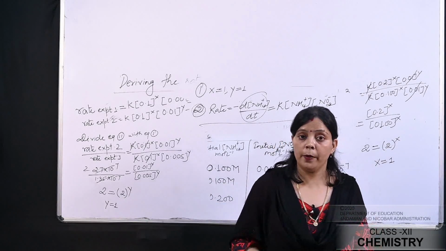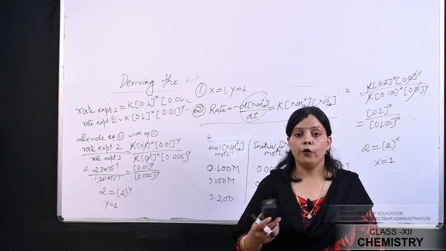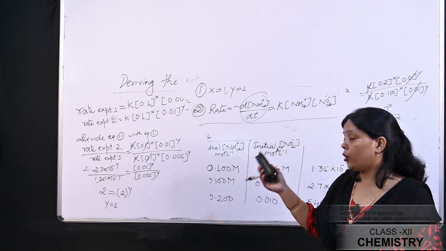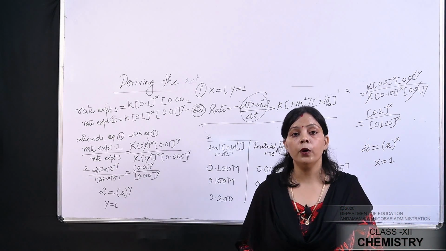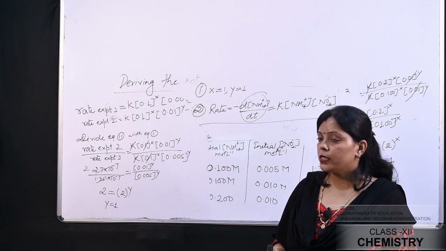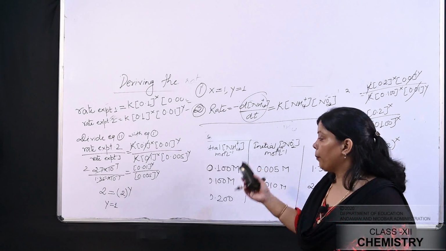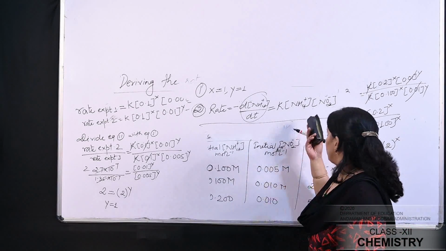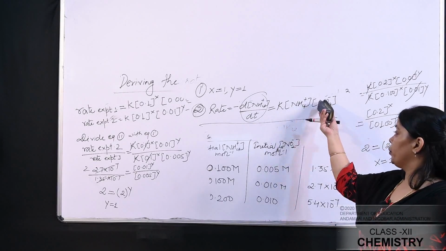The experiments are carried out using different initial concentrations of the reactant, and for that the initial rate is also determined. The results are then analyzed to see how the rate of the reaction changes with changing initial concentration of the reactant, and with the help of these kinetic data we are able to determine the value of the rate exponents, that is x and y of the 2 reactants.